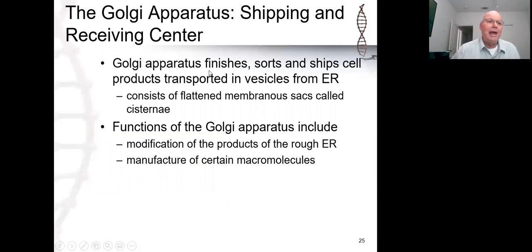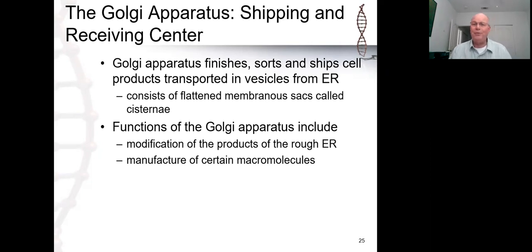Then, like all good manufacturing plants, not only do you have a place where the blueprints are stored, that would be the nucleus or the office. Not only do you have manufacturing machinery, which would be the ribosomes, not only do you have a shop floor where the manufacturing machinery is located, which would be the cytoplasm and the rough endoplasmic reticulum, and to some degree the smooth endoplasmic reticulum as well, you also need a warehouse to store things where you can keep them until they're needed, or you can gather them together to make a specialized shipment.